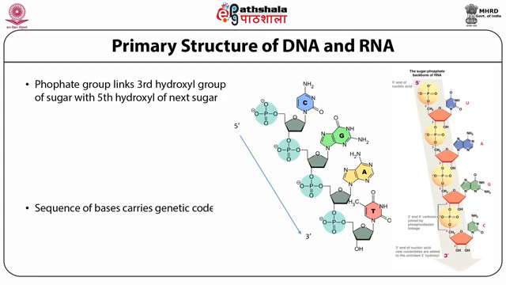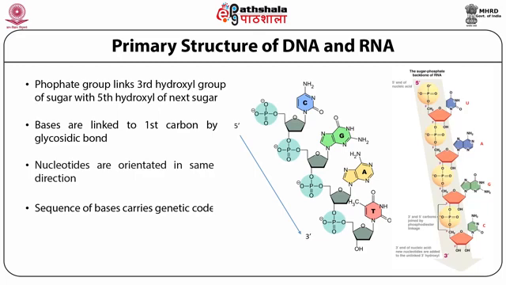So as you can see here, other than the sugar phosphate backbone, the first carbon of the sugar is always linked to the nucleobases using something called a glycosidic bond. Another important feature in the case of DNA or RNA is that the orientation, or the faces, of the phosphate and the bases are in opposite directions. So on one side you have the more ionic phosphate group, and on the other side you have the hydrophobic bases.